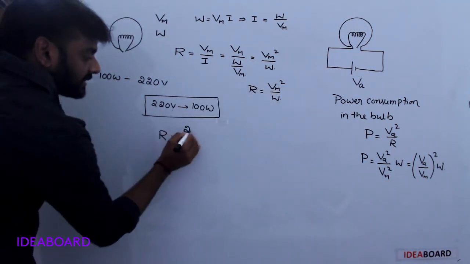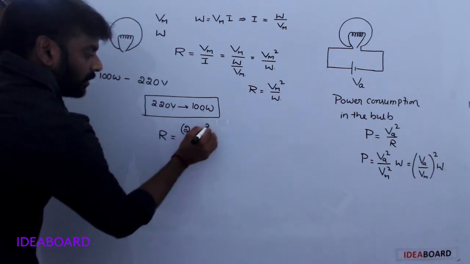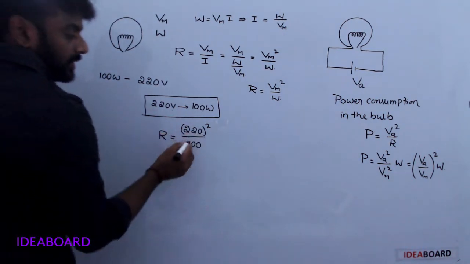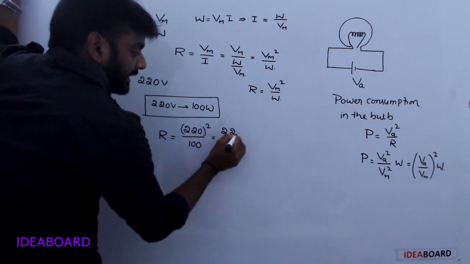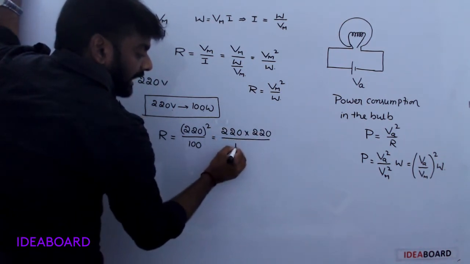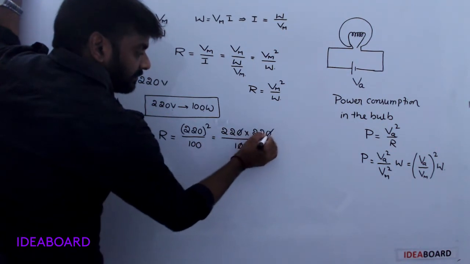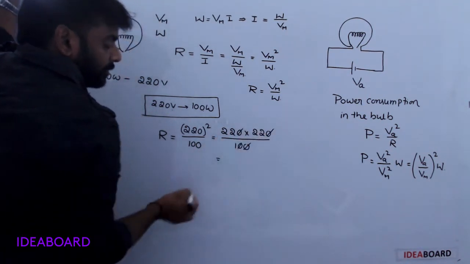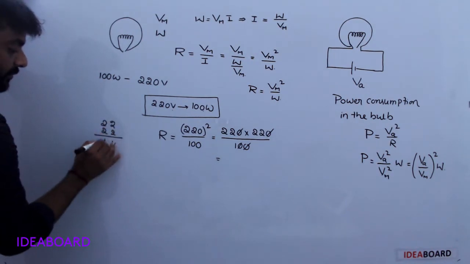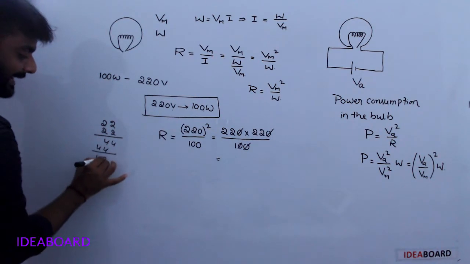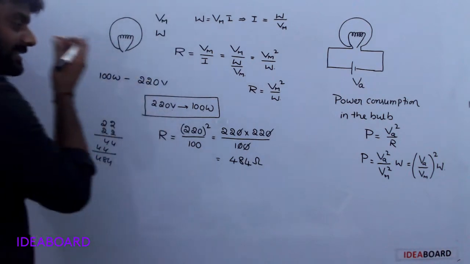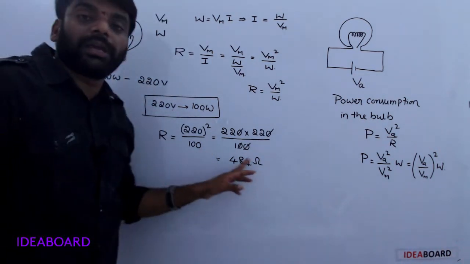V suffix M square means 220 whole square by 100. 220 into 220 by 100. 0, 0 cancel. 22 into 22, 484. That means in this one resistance of the bulb is 484.